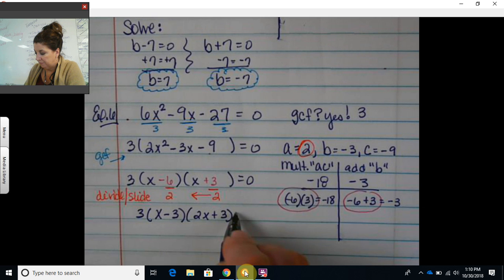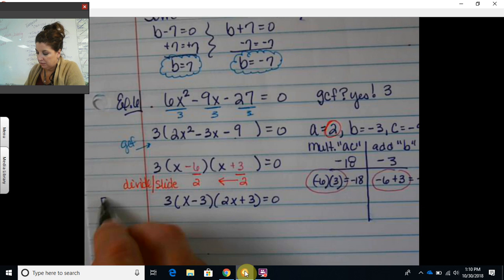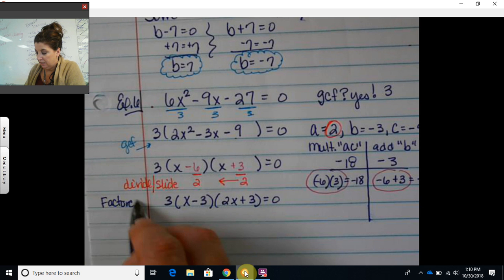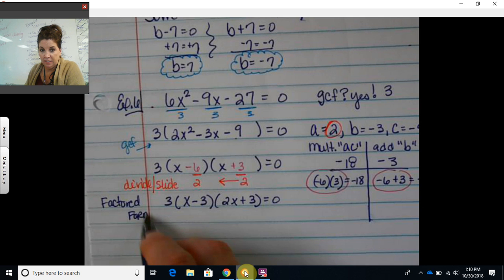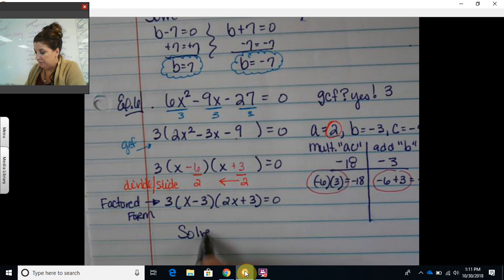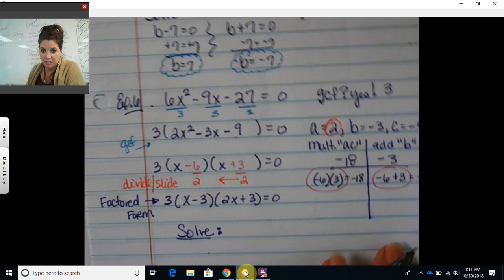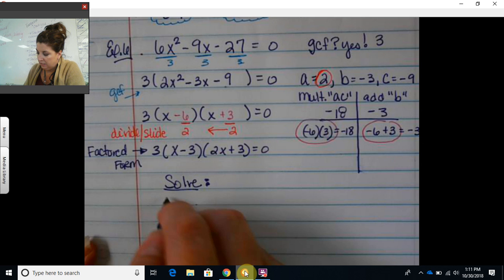Am I finished factoring? I'm finished factoring, but have I solved? No. How many factors do I have? 3. How many solutions am I going to have? 2, because 3 is not going to give me a solution.